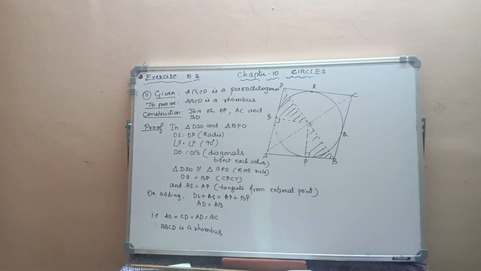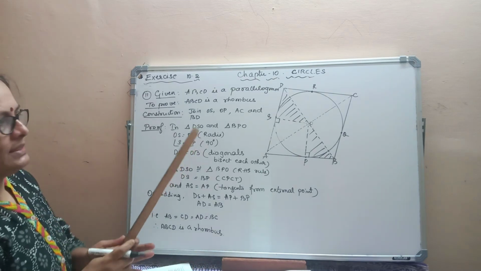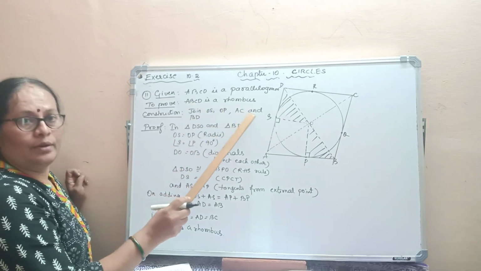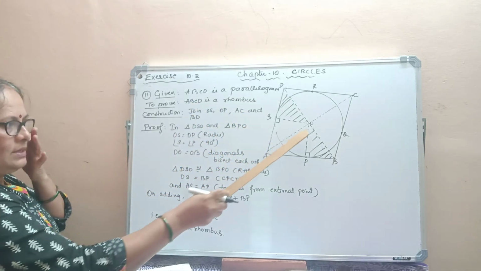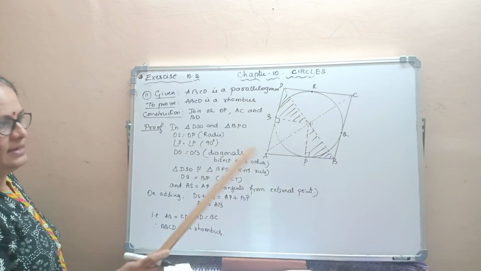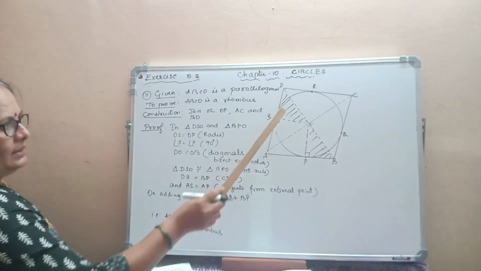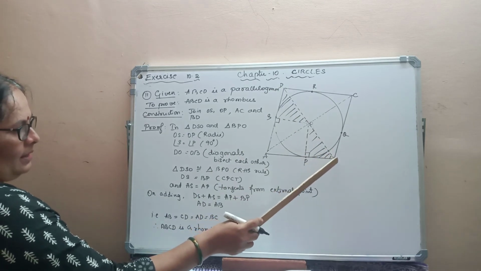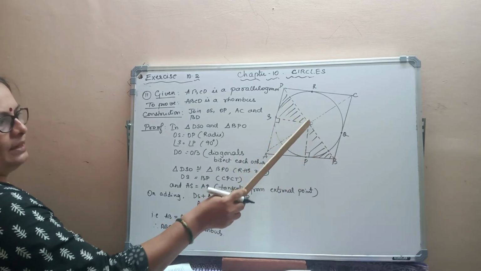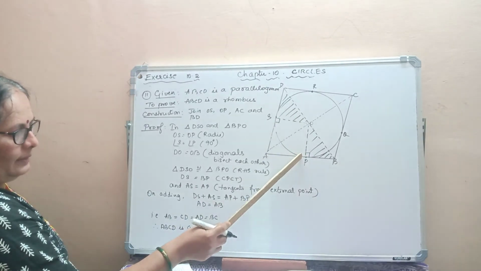Once again I will repeat. Given that ABCD is a parallelogram, you need to prove that it is a rhombus. To prove this one, join OP, OS, AC and BD, that is diagonals. Now, in triangle DSO and BPO, OS is equal to OP, radius of the circle.